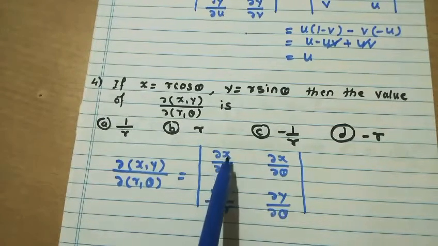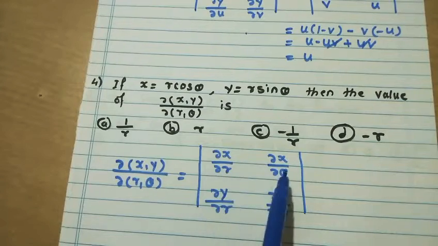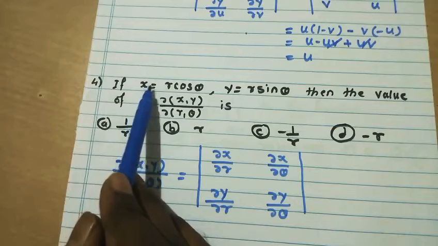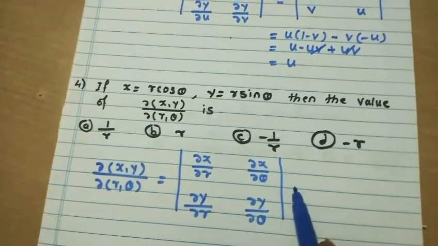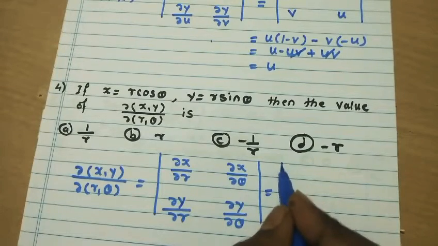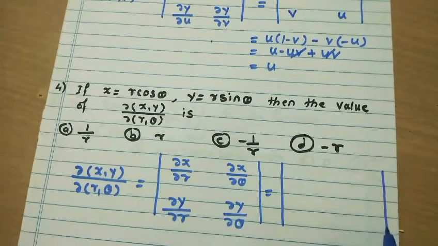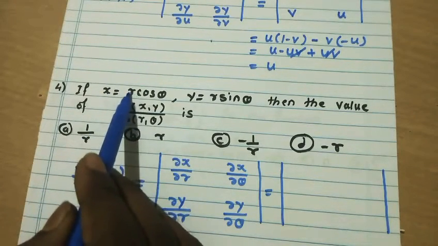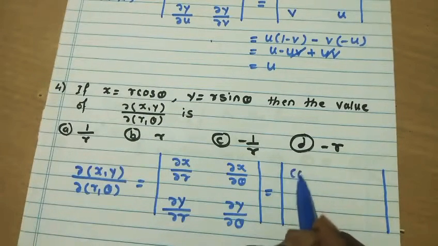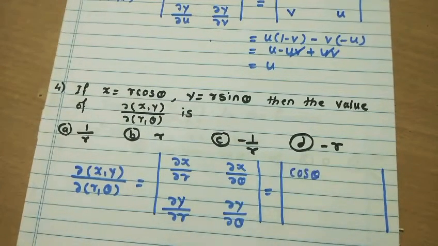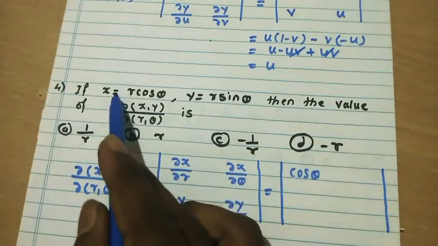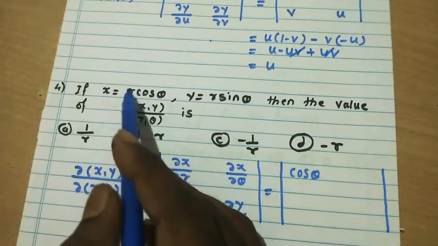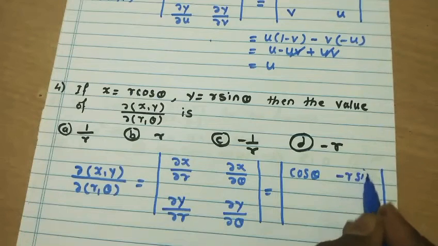Now let's find the partial derivatives of x with respect to r and theta. So x is here, the partial derivative of x with respect to r is, the derivative of r is 1, so only cos theta remains. Here the partial derivative of x with respect to theta, the derivative of cos theta is minus sin theta, so it will be minus r sin theta.